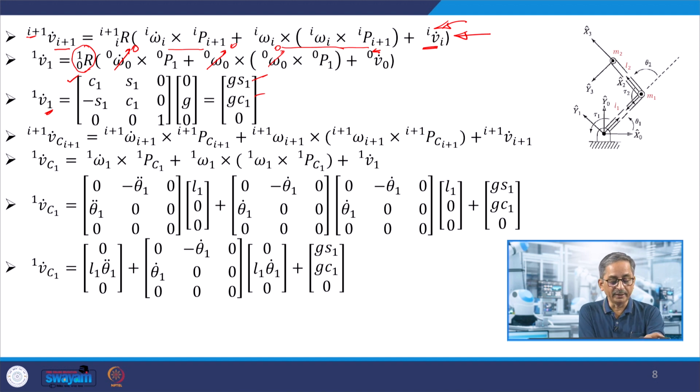Then, in order to get the CG acceleration of the first link, this is the expression which we have got earlier.